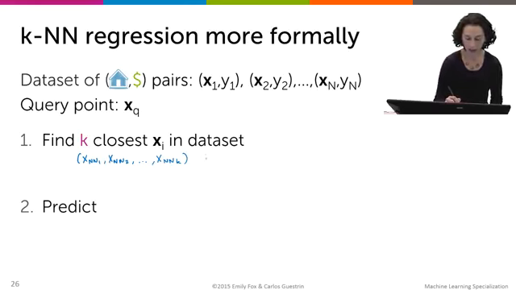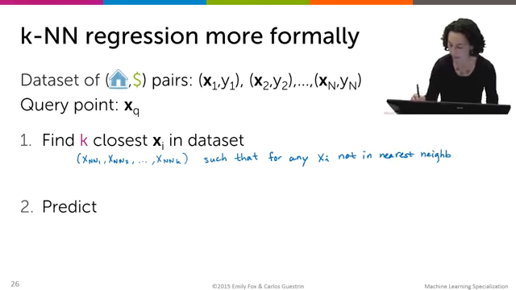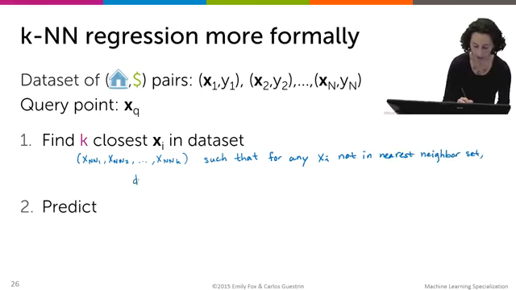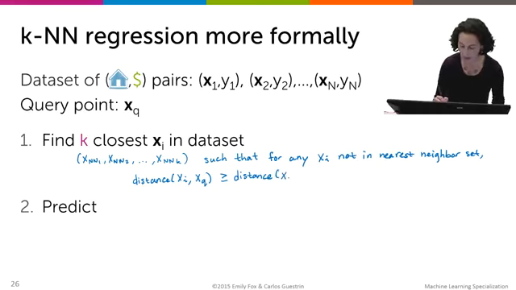Well, this set is defined such that for any xi not in my nearest neighbor set, the distance between xi and my query point xq is greater than or equal to the distance between my kth nearest neighbor and xq.